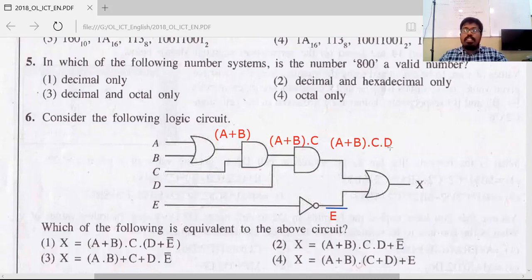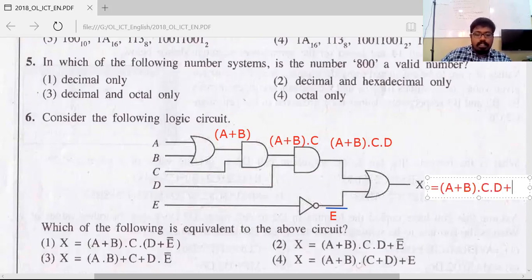(A plus B) dot C dot D. This is an OR gate, so plus E bar. So finally, X will be equal to (A plus B) dot C dot D plus E bar.